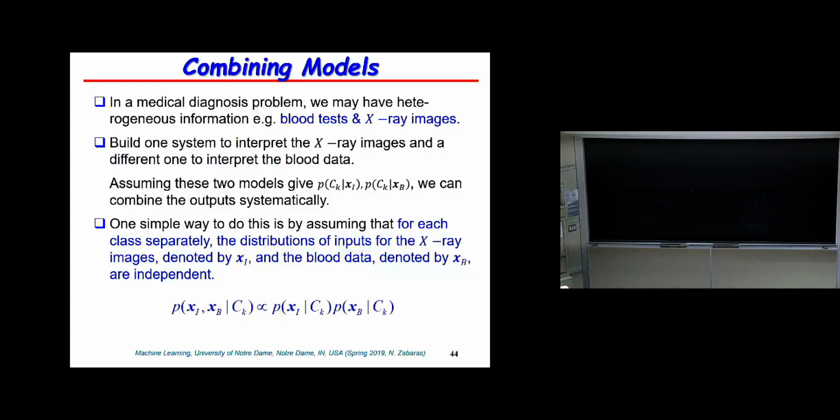The question is, do you build an independent classifier for what classes you will use using blood tests or X-ray images? Well, you can build the posteriors for each test, each of these data cases, separately, but then once you're done, you can fuse the information together to come up with a better classifier.